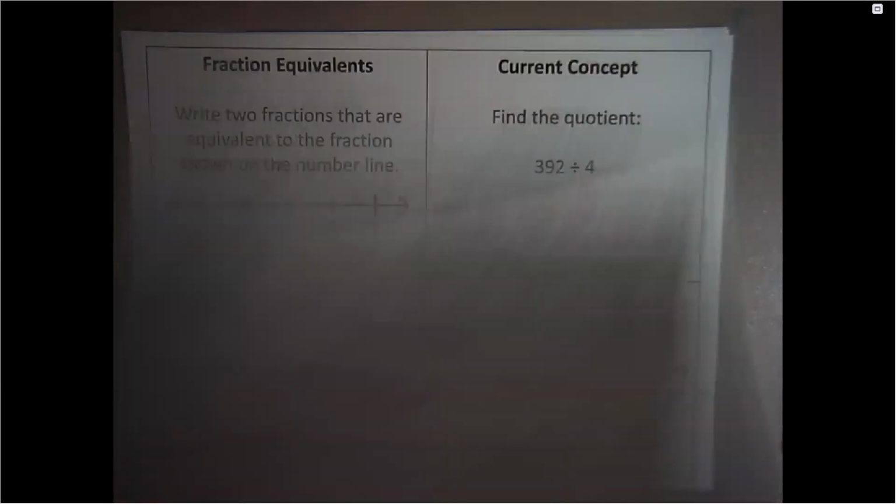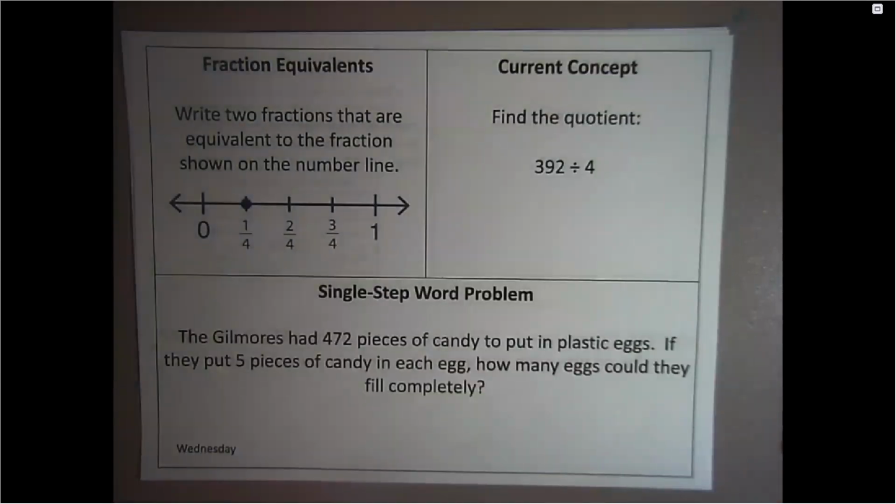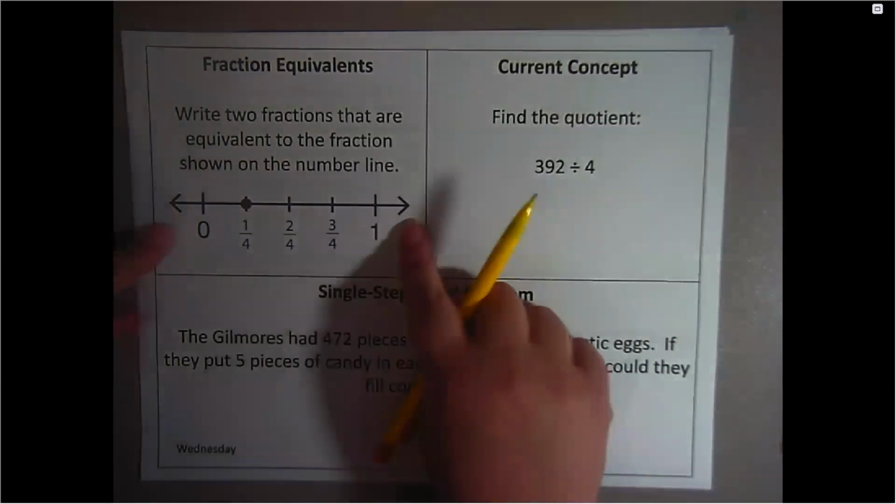Let's move on to Wednesday. Wednesday, it says write 2 fractions that are equivalent to the fraction shown on the number line, okay? So 1/4, 2/4, 3/4. Okay, so I have this number line, right?